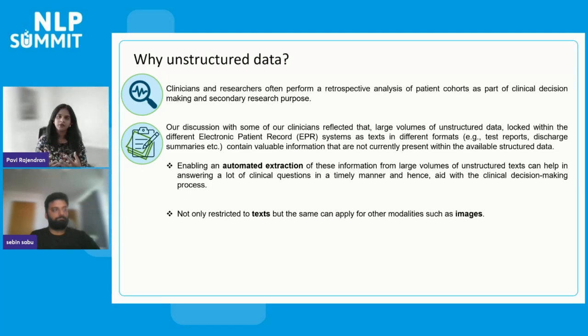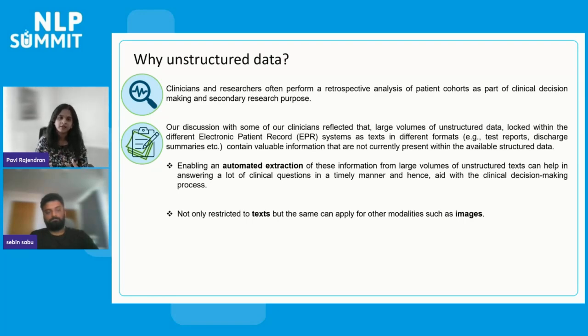So what we want to do here is enable an automated extraction of this information from large volumes of unstructured information, that is, the information present in these cardiac MRI reports. By doing this, we believe it would help to answer a lot of clinical questions in a timely manner. It would help with the clinical decision-making process. It would also help in terms of data enrichment.